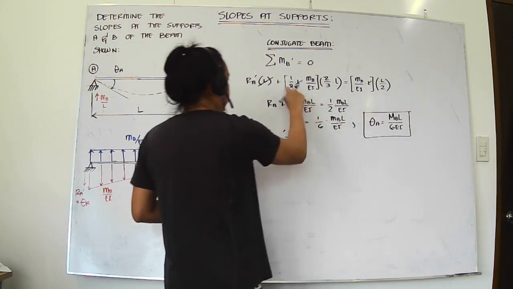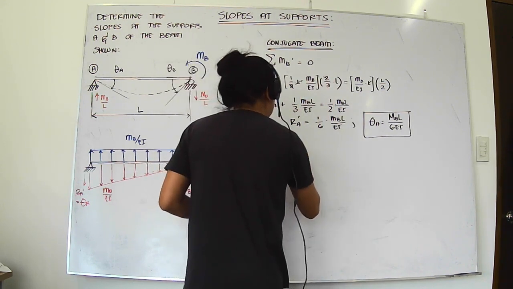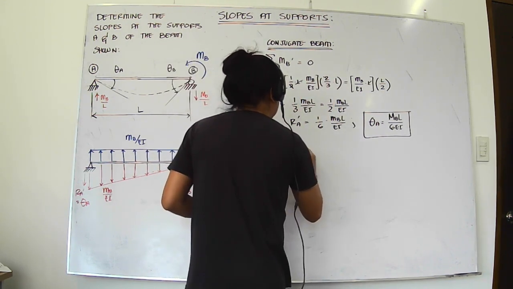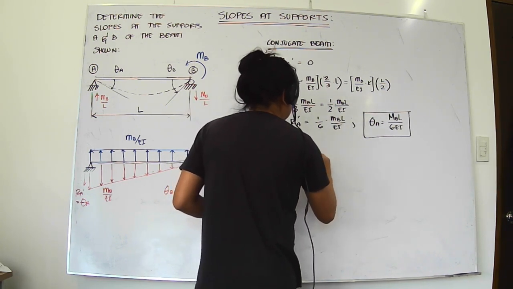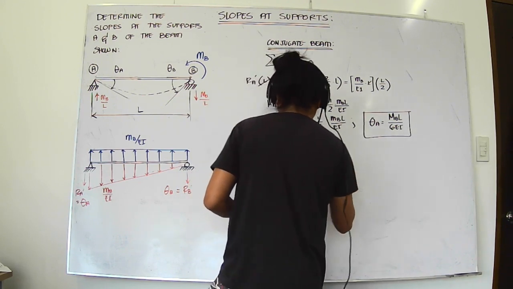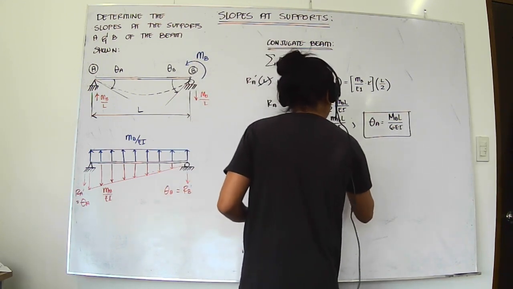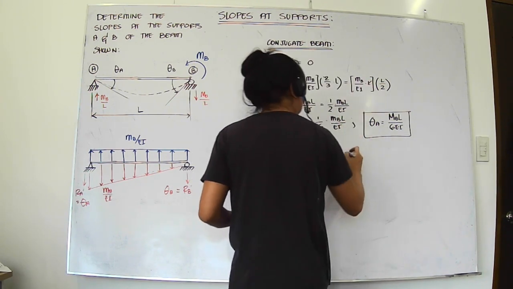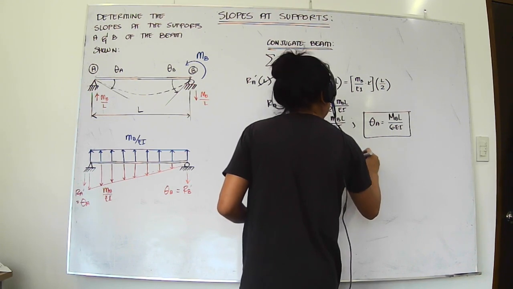Its area is this, and this is the moment arm. So I can say 1/2 times L times MB over EI, versus the other one, whose area is MB over EI times L.